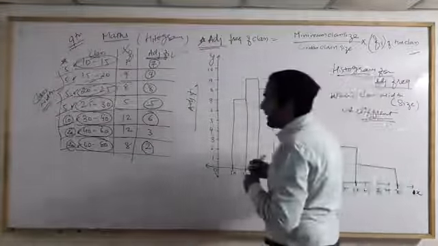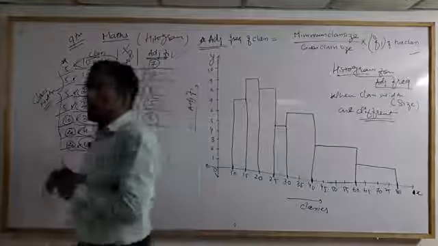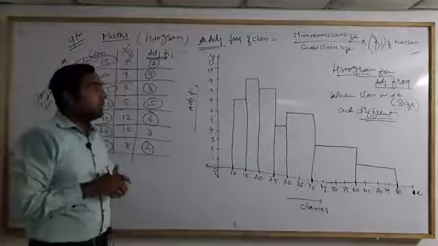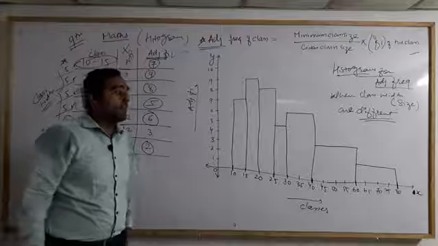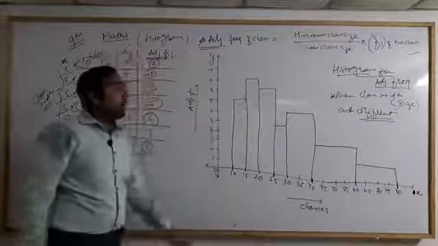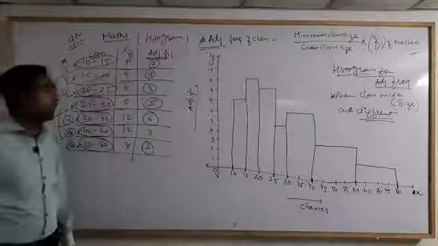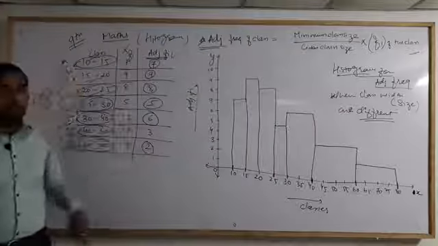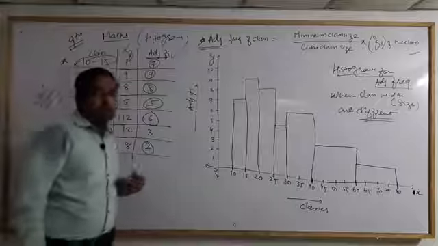We have already told you class size is the class width. So when the class size or class width are different in the question, we use adjustable frequency. Okay, clear students?